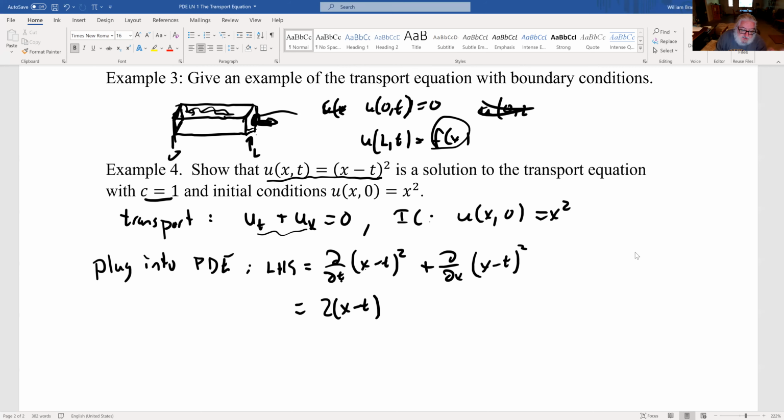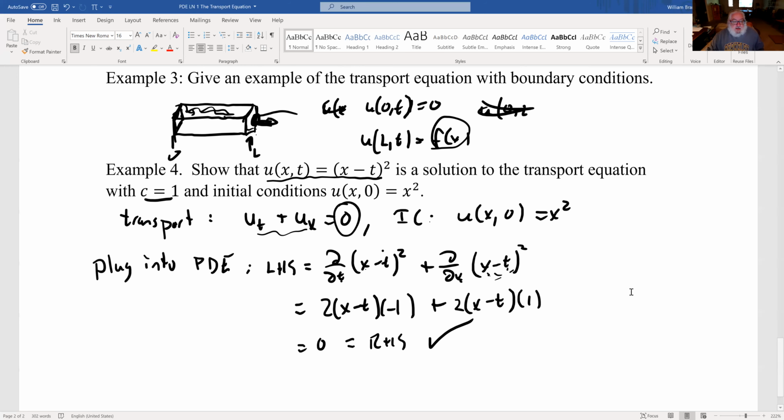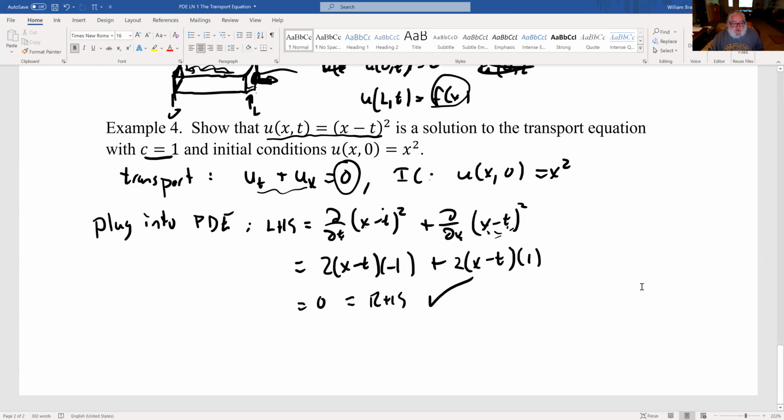Derivative of x with respect to t is 0. Derivative of minus t with respect to t is -1. Same thing here. Now we're differentiating this thing, thinking of t as a constant. So the derivative will be 2 times x minus t times 1, because the derivative of x with respect to x is just 1. And that equals 0, which equals the right-hand side of my PDE. Okay. So it's a solution to the PDE.